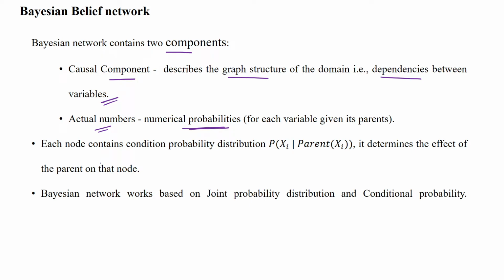Each node has a conditional probability distribution, which represents the value of the variable given the parents of that particular variable. So Bayesian networks work based upon the joint probability distribution and also the conditional probability distribution.